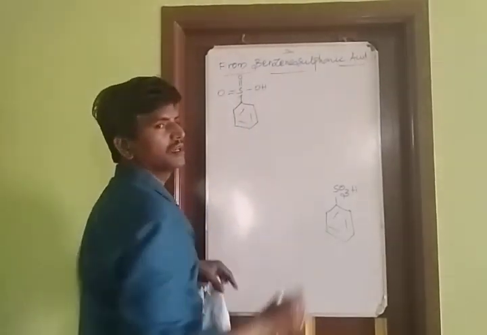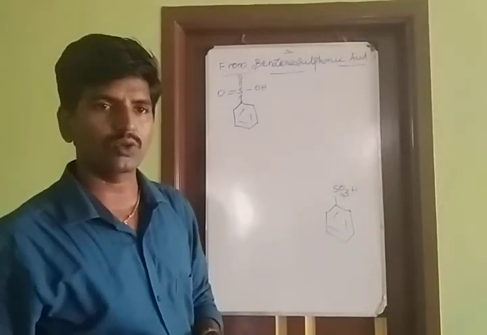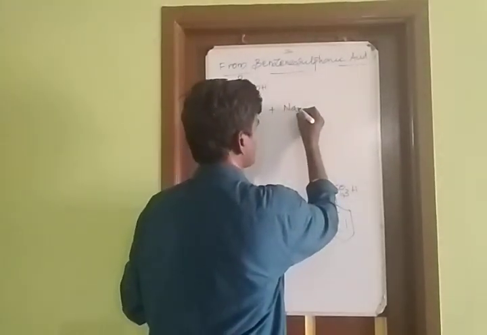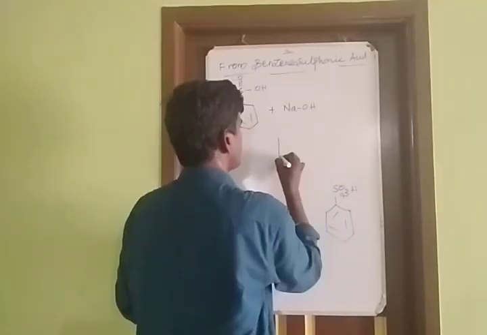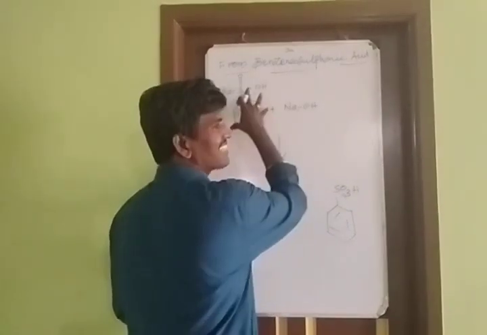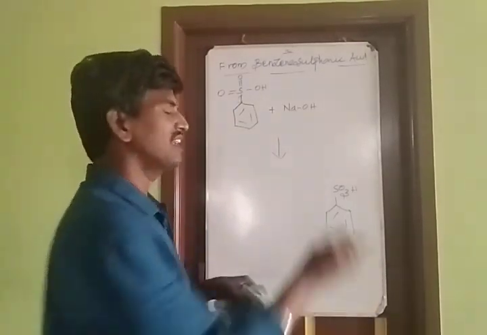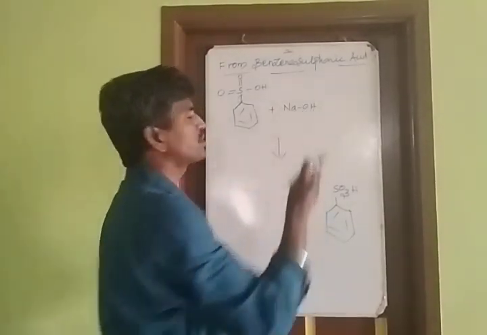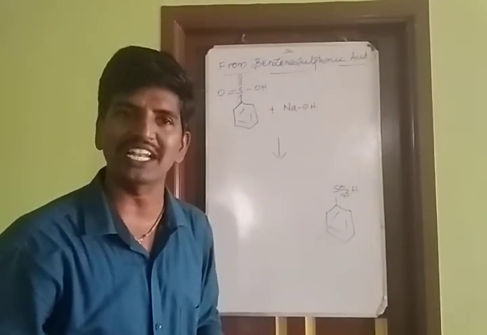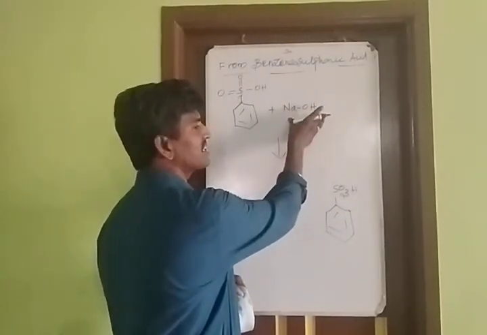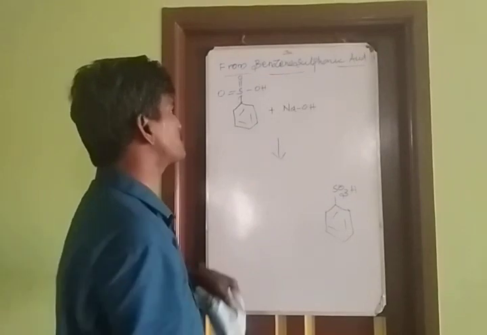React it with sodium hydroxide. You know benzene sulfonic acid is acidic in nature. Sodium hydroxide is basic in nature. So when an acid reacts with a base, it produces salt as well as water. This is acidic in nature and this one is basic in nature.